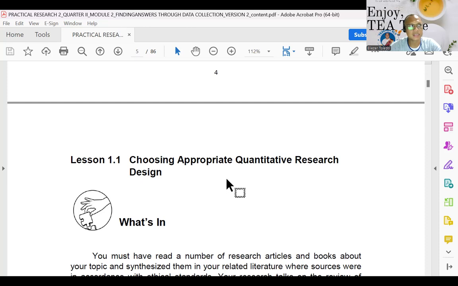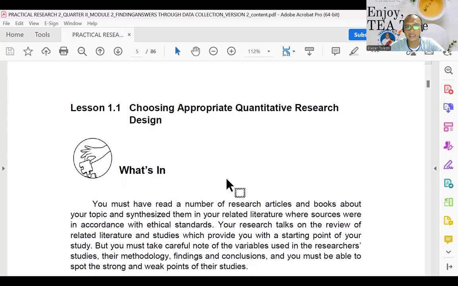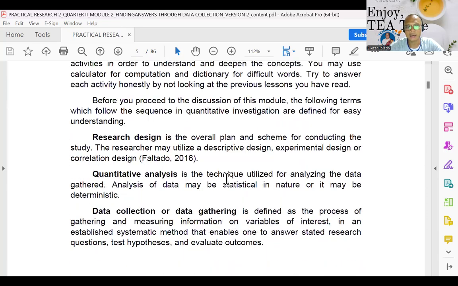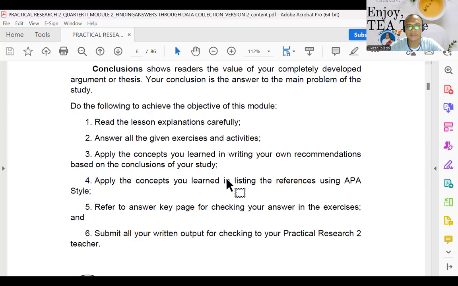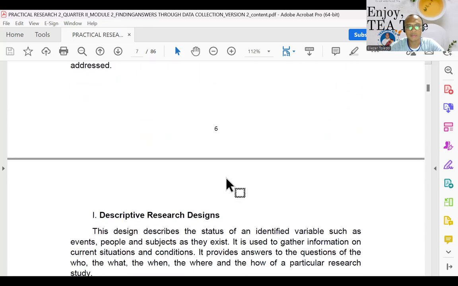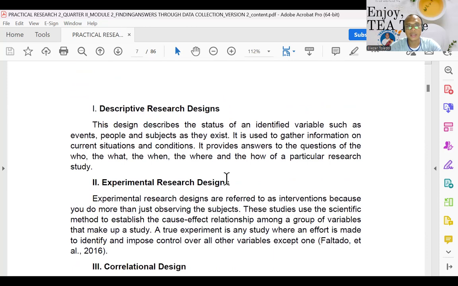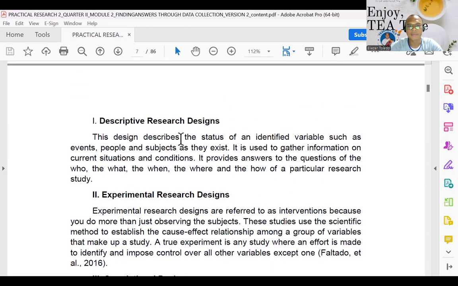And I have asked some of the sections which was the easiest research design. If you still remember, I would go with descriptive research design. Now, as defined, it just describes the status of an identified variable such as events, people, subjects as they exist.